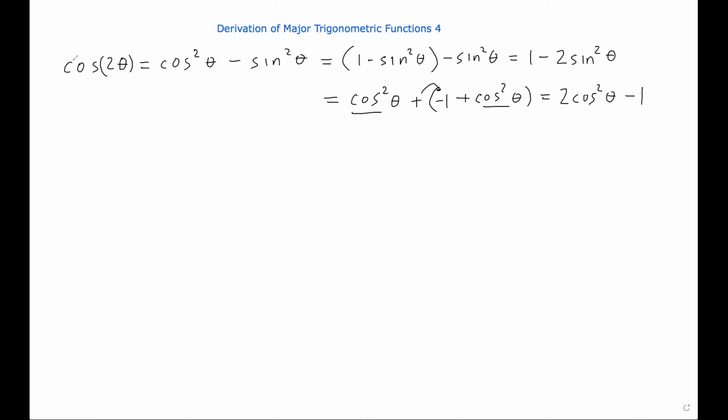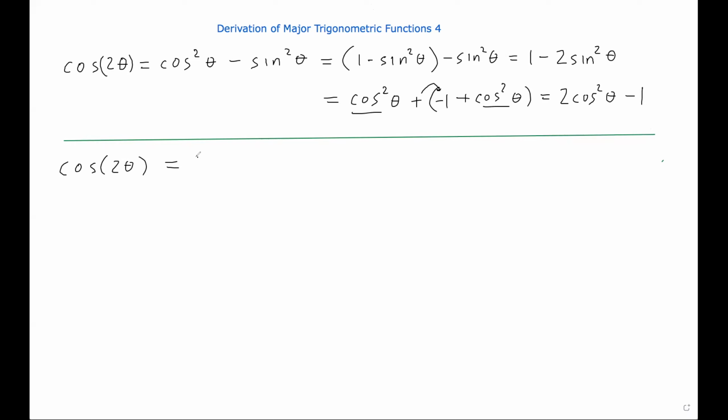Okay, so let's rewrite those. Cosine of the double angle equals 1 minus twice sine squared theta.